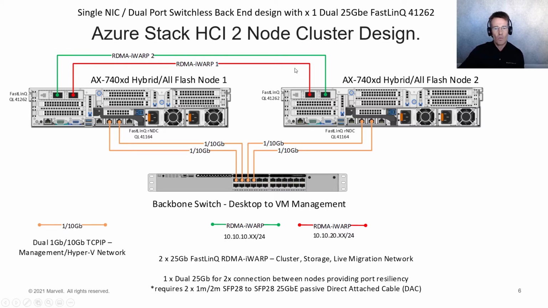This back-end network will be used for live migration traffic, storage traffic, and in-between cluster traffic. And then here we've got two external links using the Marvell FastLinQ rNDCs, the QL41164s, and these are connected as your uplinks into your customer network for external traffic.